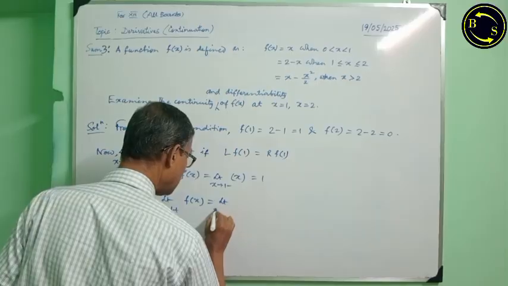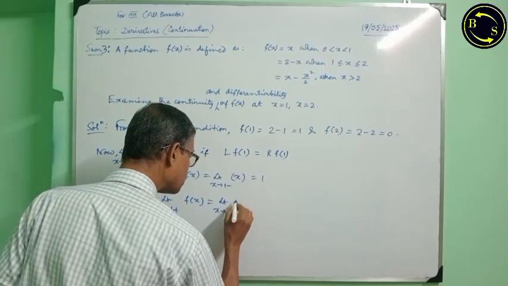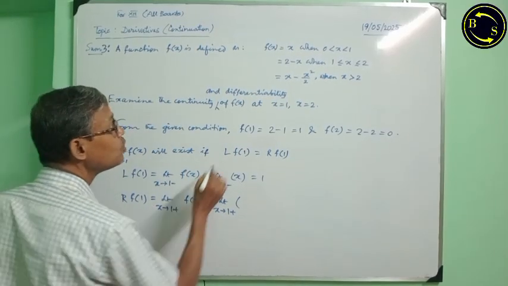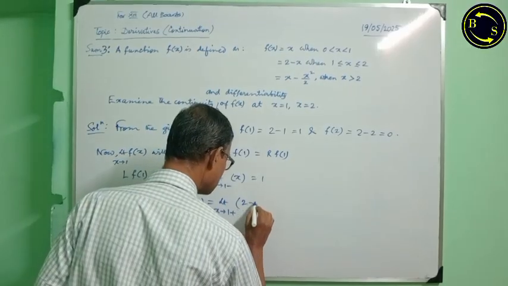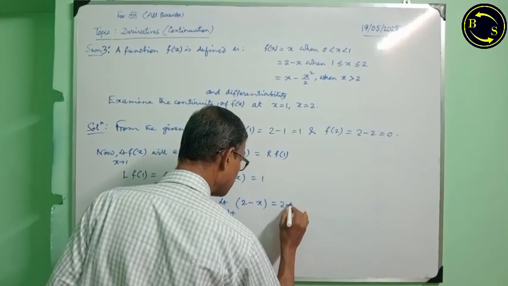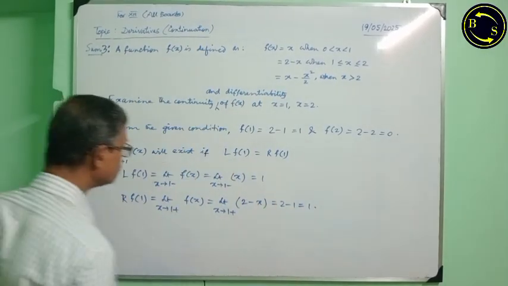Limit x tends to 1 plus, value of fx will be in that case 2 minus x, that is 2 minus 1 equal to 1.